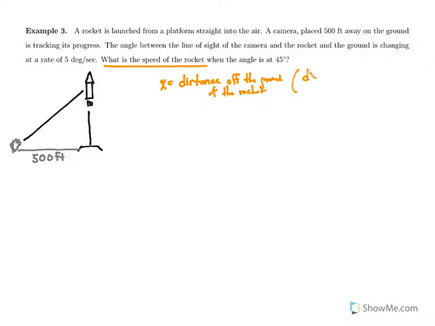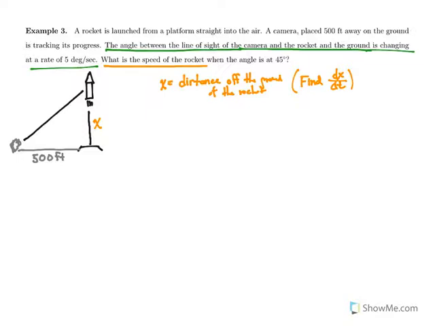That is dx. We're trying to find the derivative of that distance. So that's our x. The other variable that we have here is the angle between the line of sight of the camera and the rocket and the ground, which is changing at a rate of 5 degrees per second.